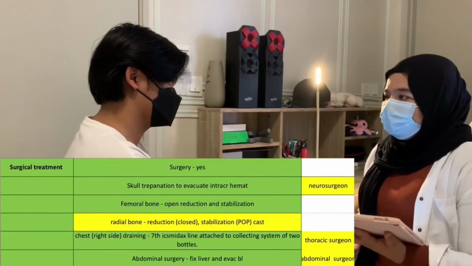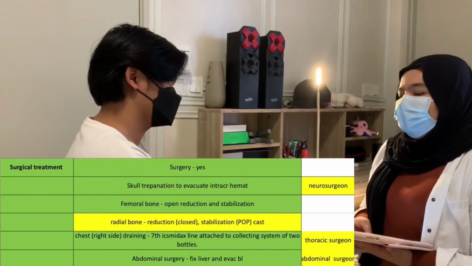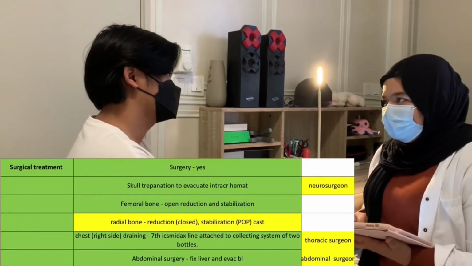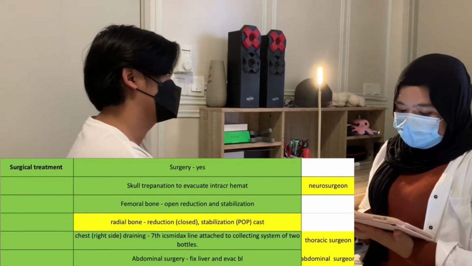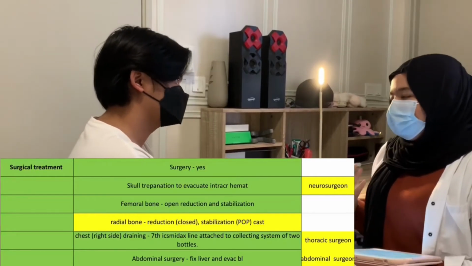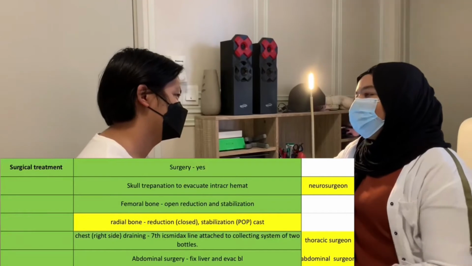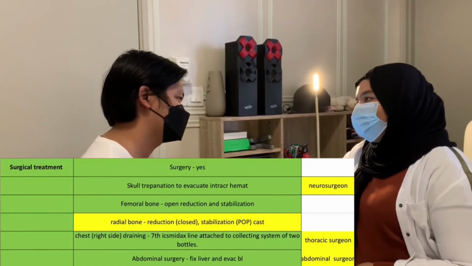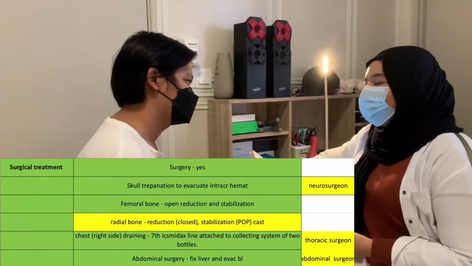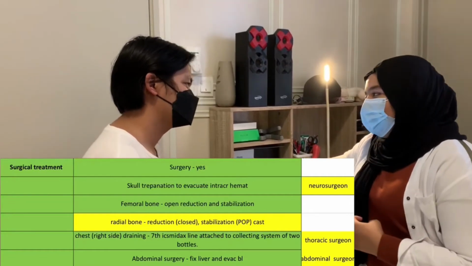I would like to tell you about the surgical treatment. He should be going through some surgery, which is surgery on the skull for trepanation to evacuate the intracranial hematoma, and also surgery on femoral and radial bone.